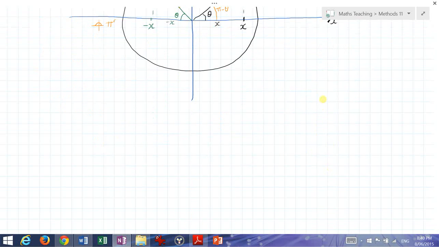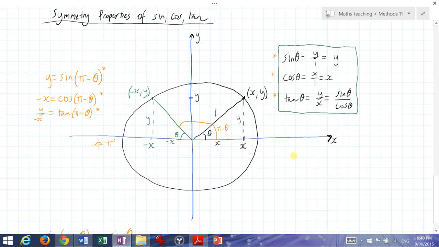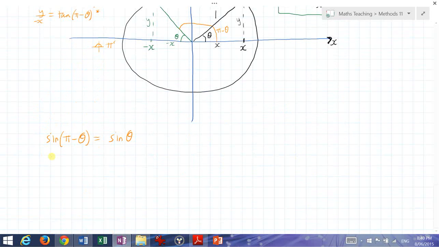We can say that sine of pi minus theta equals sine of theta. Sine of theta is y, and sine of pi minus theta equals y. Cos of pi minus theta equals negative cos of theta.